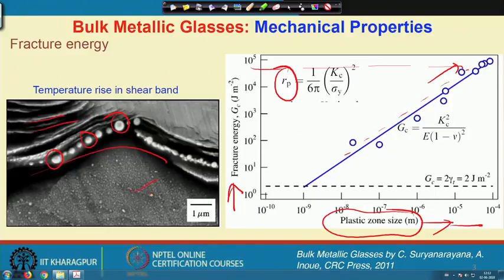So it proves that even though it was a tin-coated metallic glass, temperature definitely rose in these shear bands. The process is also adiabatic in nature.